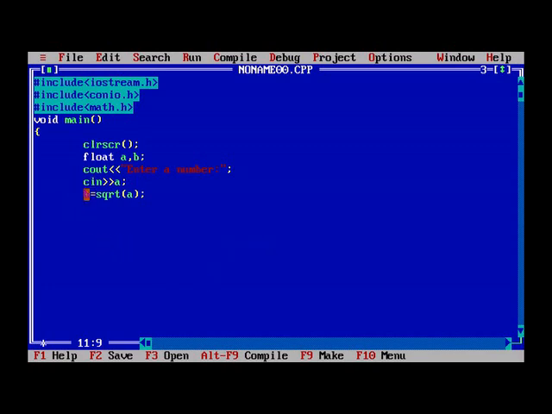Now we are going to display the square root. So cout, I'll print a message, square root, then b, followed by the usual getch and the closing brace. Now let us run or execute this program.